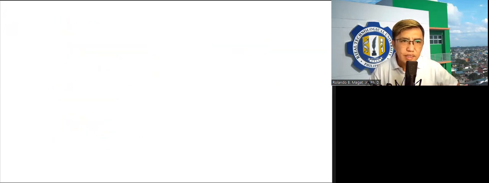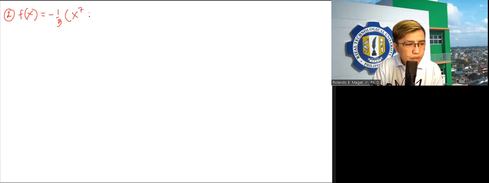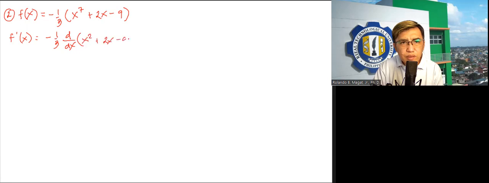Next, we have number 2. f of x is equal to negative 1/3 of x to the 7th plus 2x minus 9. Then f prime of x would be negative 1/3 times d over dx of x to the 7th plus 2x minus 9.